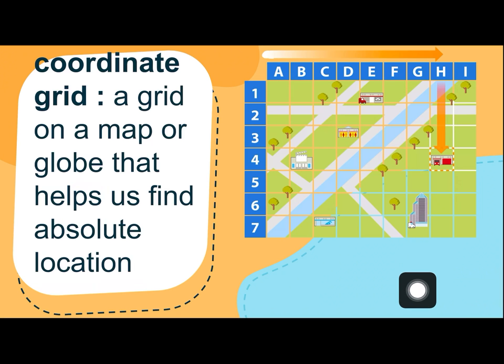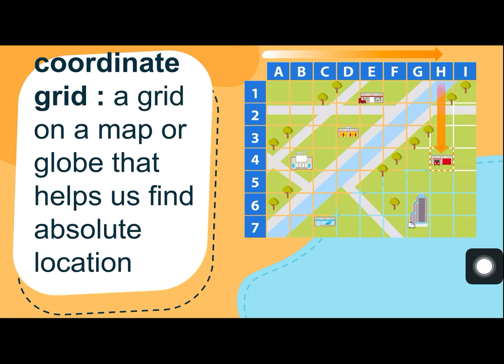Any guesses on what you think the coordinate would be? Pause the video if you need more time to think about it. Well, remember, we always start with our letters first, so I would go from the hospital and go up to my G here, so I know it's going to be G, and then I go the opposite way down here to my numbers and find my 7.